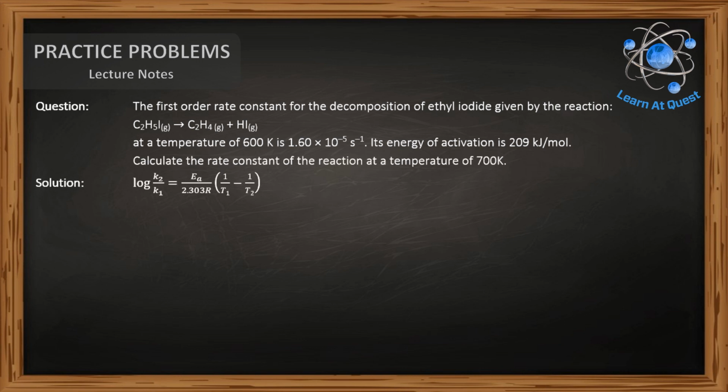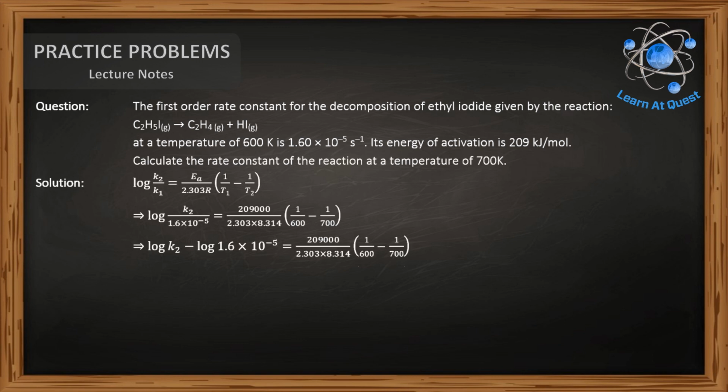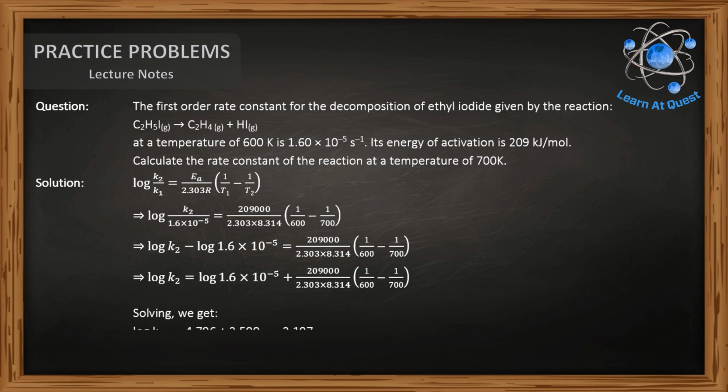Let us solve another question on the Arrhenius equation. The question is, the first order rate constant for the decomposition of ethyl iodide, which is C2H5I, given by the reaction C2H5I in gaseous form forms C2H4, which is ethene, plus HI, which is hydrogen iodide in gaseous form, at a temperature of 600 Kelvin is equal to 1.60 multiplied by 10 raised to minus 5 per second.